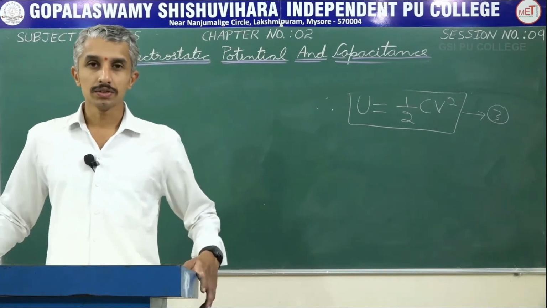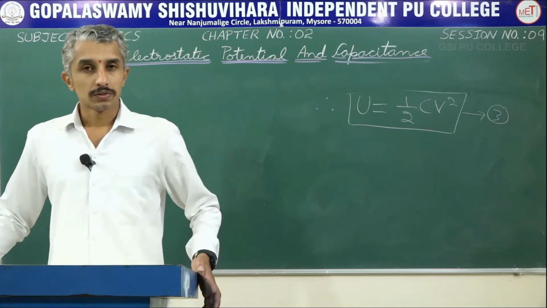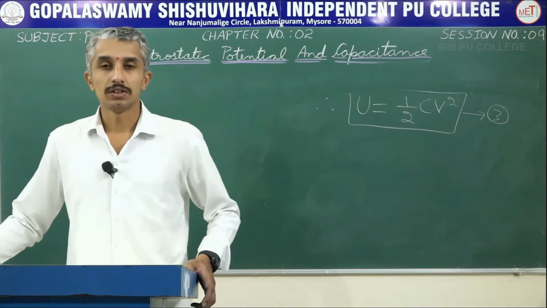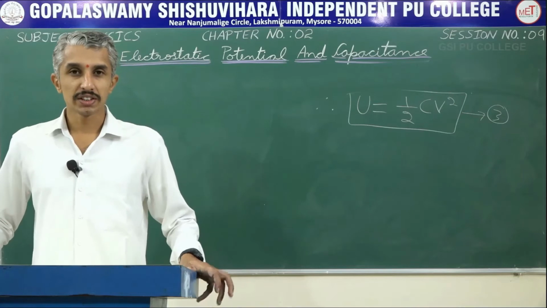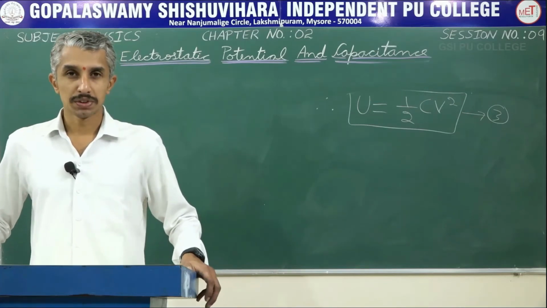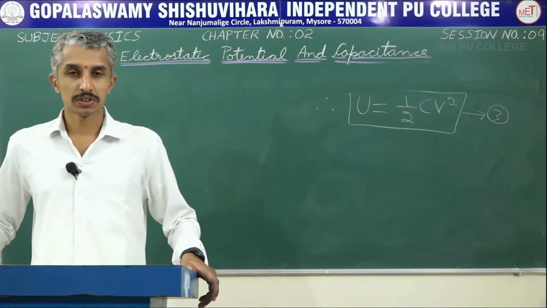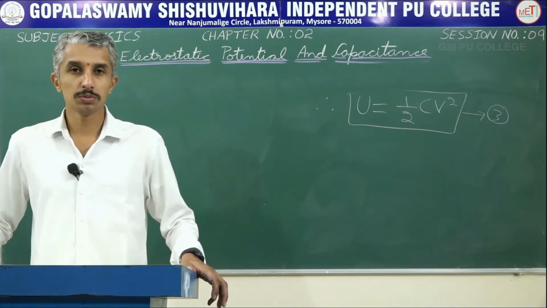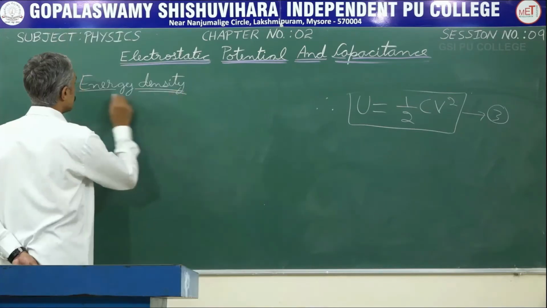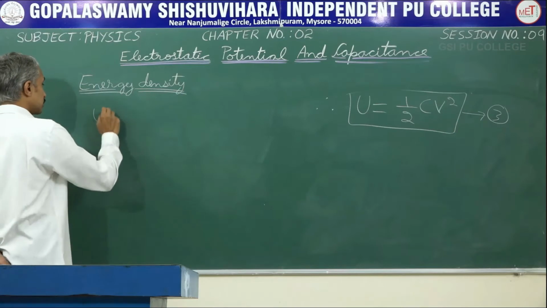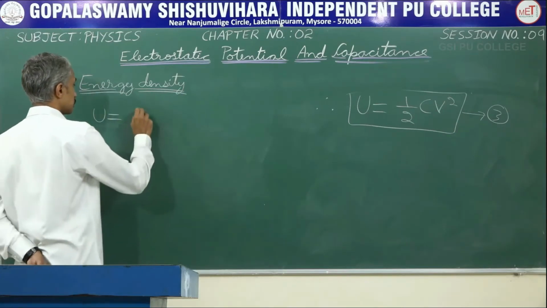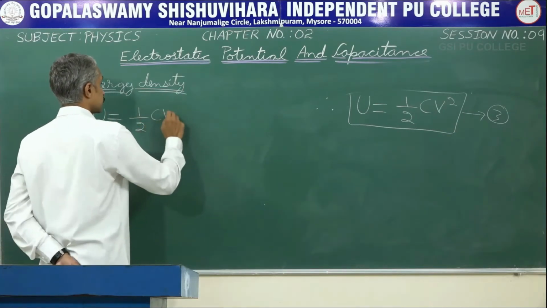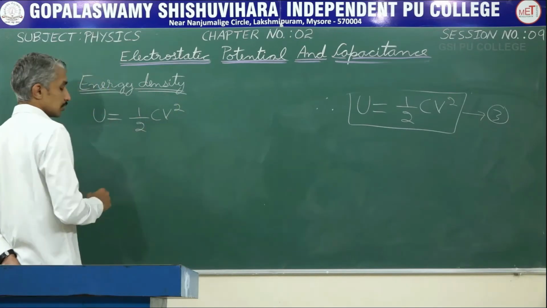From this expression, we can further derive another expression which is energy density that is being stored in the capacitor, which is energy per unit volume of a capacitor. So we already have U is equal to half CV square.